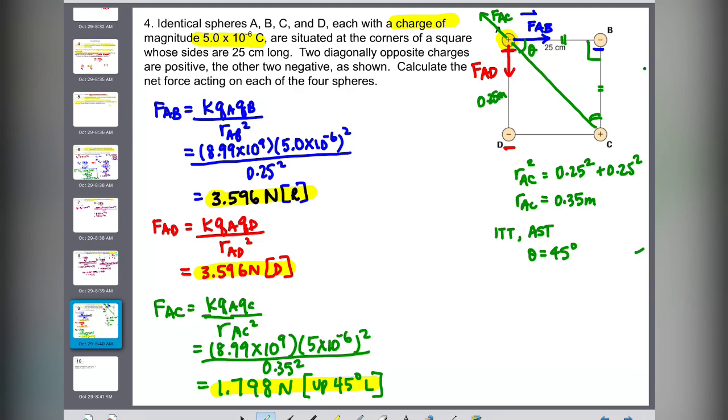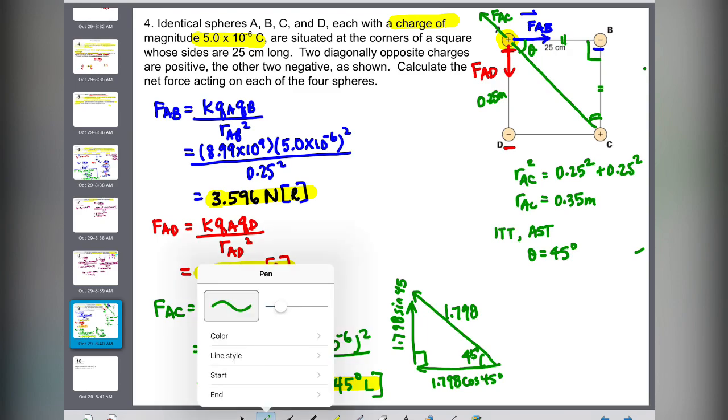The key one is the green one. If I have something traveling this way, and this is 1.798 and the angle is 45, I can quickly work out the components. So this bottom one along x, going to the left, is going to be 1.798 cosine of 45, and this is 1.798 sine of 45.